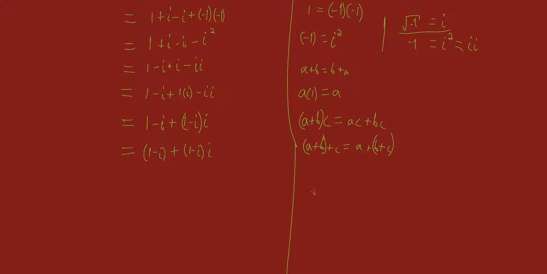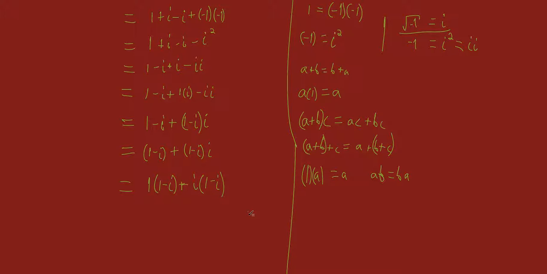And again, I'm going to do 1 times A equals A. But here, playing the role of A is 1 minus I. Plus, we're going to do a little commutativity on multiplication here as well. I'm going to rewrite this as I times 1 minus I.